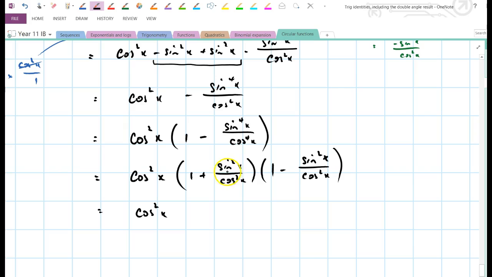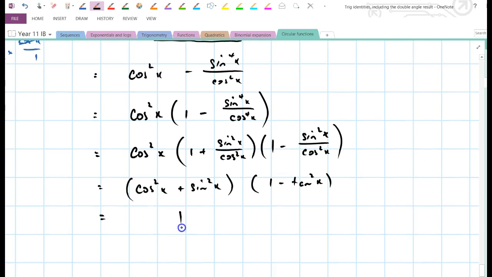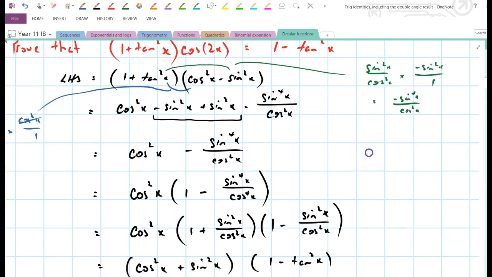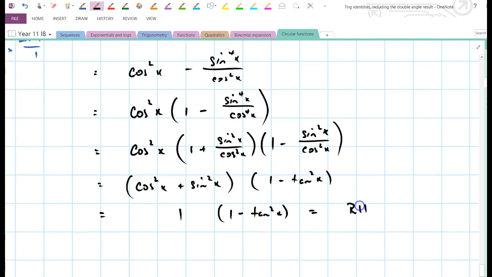Now cos squared times sine squared on cos squared is sine squared. So I get that by, and this is 1 minus tan squared x. Now cos squared plus sine squared is 1, times 1 minus tan squared x, which equals the right-hand side. We just put that there and our job is done.